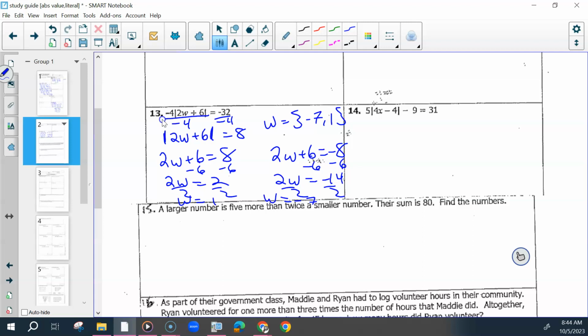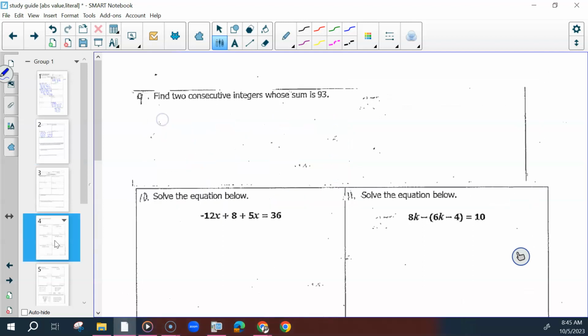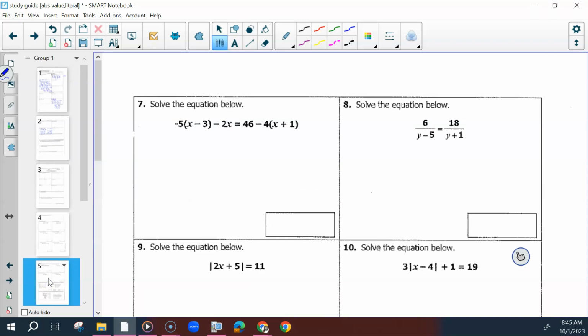So we're going to do word problems when we get to word problems. If no questions on 5 and 6, fine, skip a couple pages until you see 7 and 8 at the top.